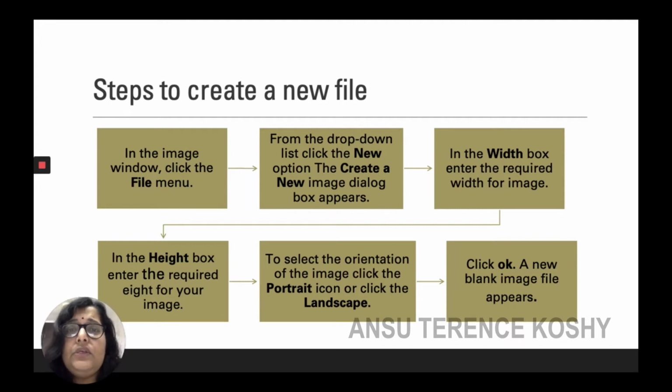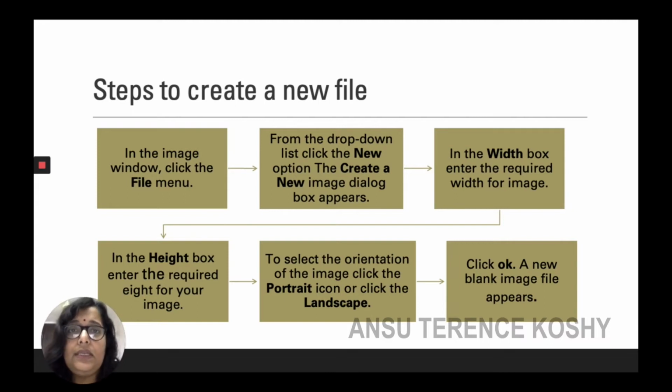In that, you need to enter a couple of things. The first thing that you need to enter is the width of your required image. You have to enter that in the width box. After that, you have to enter the height of the image in the height box. Then the last step is the orientation of the page that you need: do you want your image vertically or horizontally?